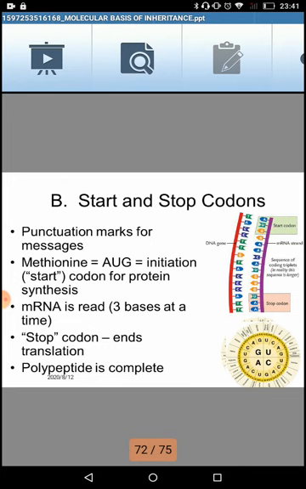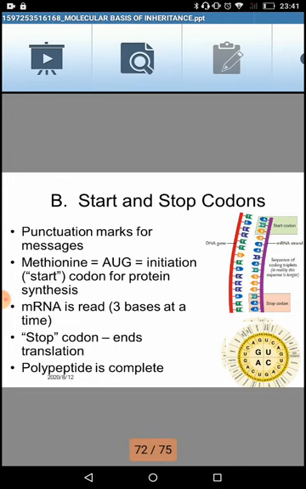What are they? I am just naming them. One is UAA, second UGA, third UAG. These are the 3 codons which are called stop codons or terminating codons, which will stop the translation process once the translation machinery reaches there.